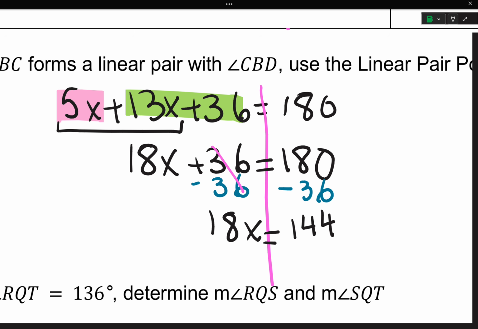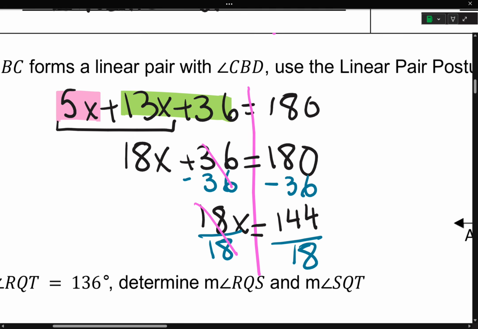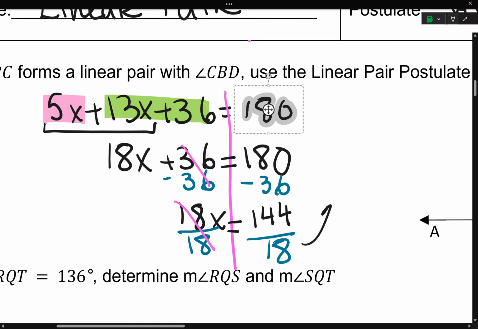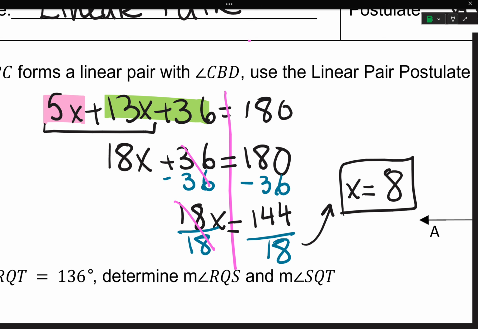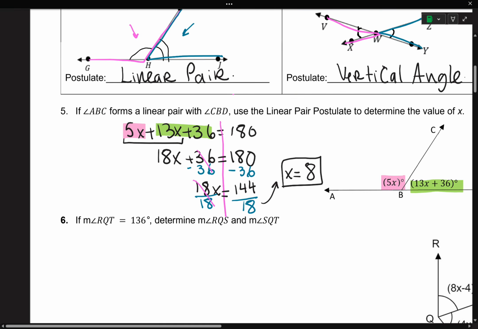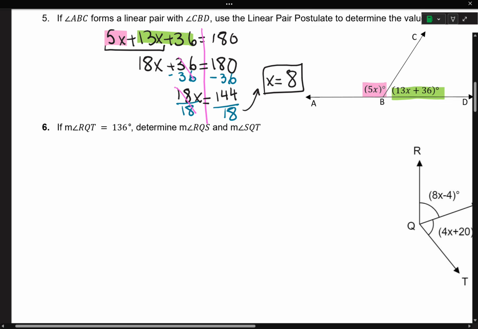To finish this up, we're going to divide both sides by 18. 18 divided by 18 is 1, which is what we wanted. We wanted a 1x, so x equals 144 divided by 18, which is 8. Fantastic.